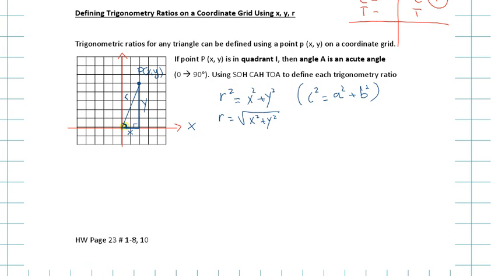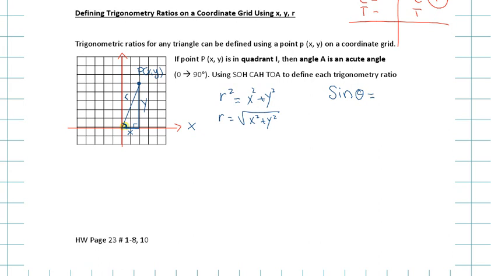Now, this is your angle of interest. We defined it before. If you are looking for sine of that angle, what would it be in terms of x, y, and r? Opposite over hypotenuse.